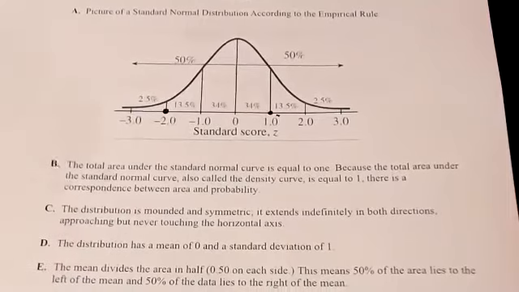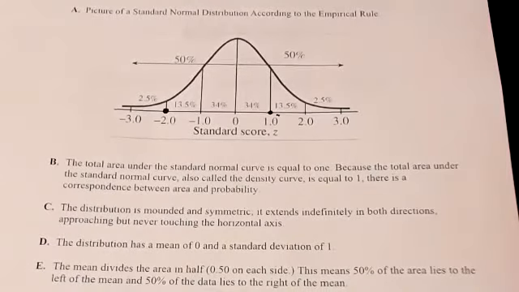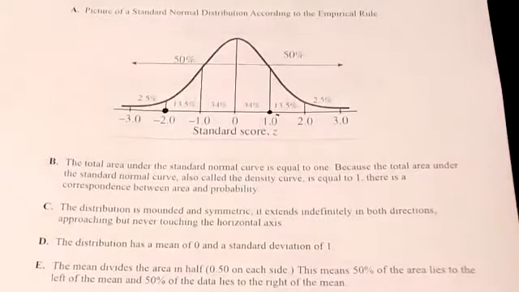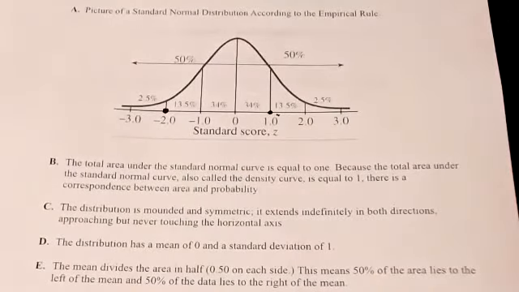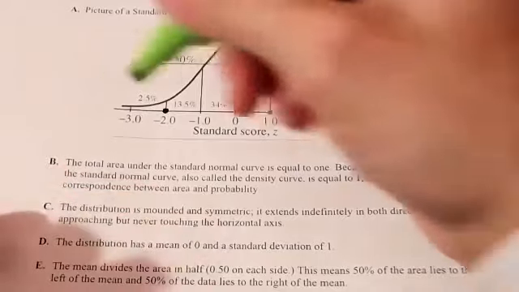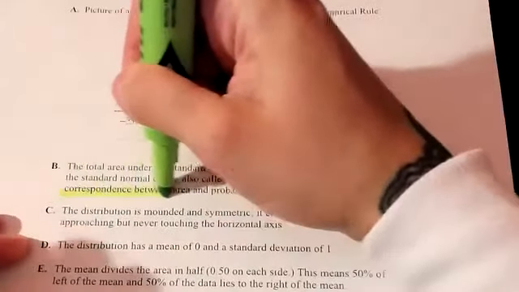Sure. Thank you. The total area under the standard normal curve is equal to 1, because the total area under the standard normal curve, also called the density curve, is equal to 1. There is a correspondence between area and probability. You pause right there. That's really, really, really important.